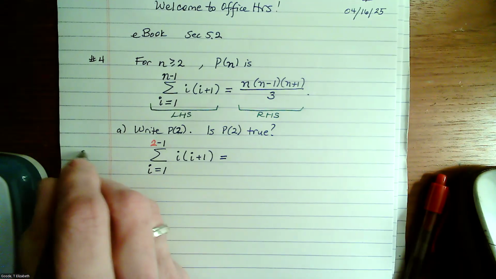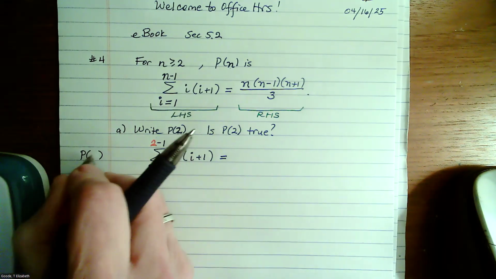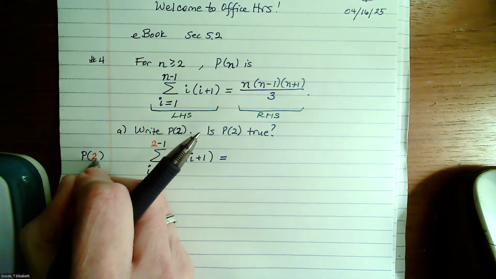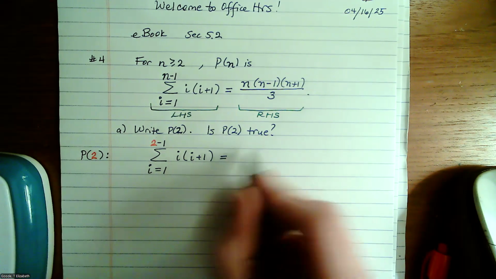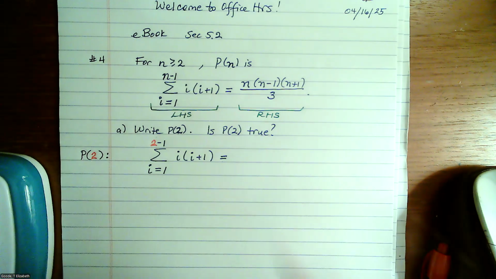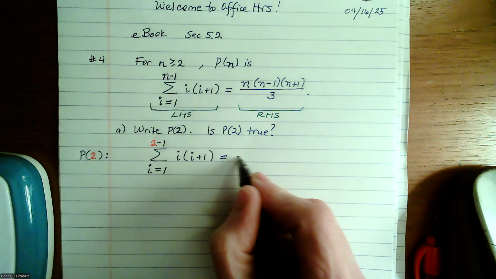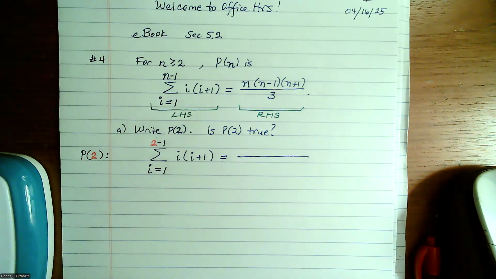So what are we doing? We're writing the formula, the statement, the equation, P of 2. The right-hand side of P of 2, well, you tell me. We know it's going to look like a fraction. Tell me what to write.